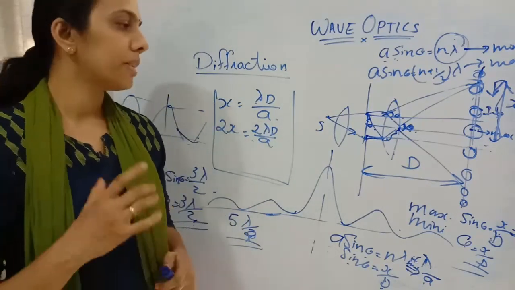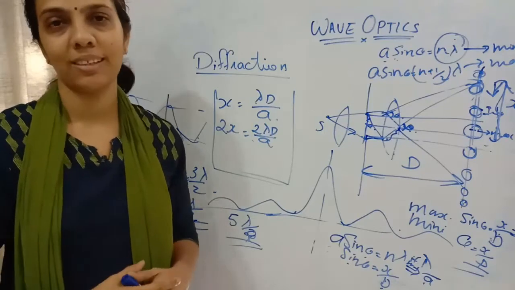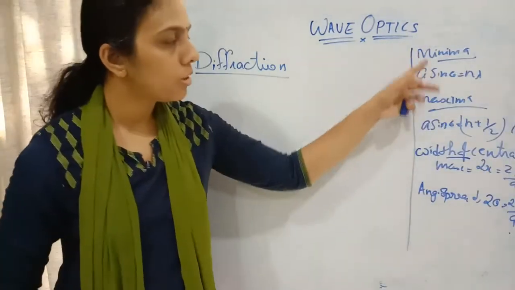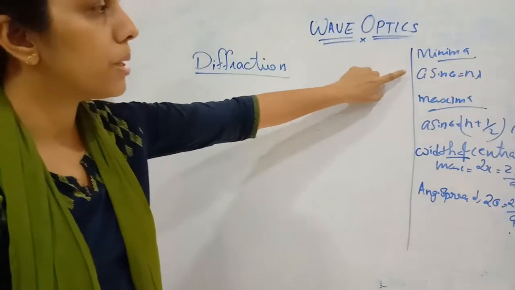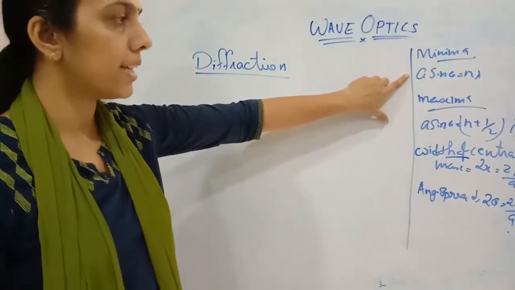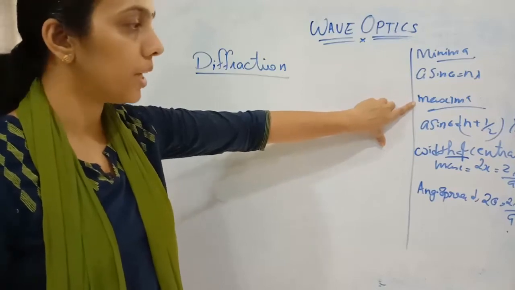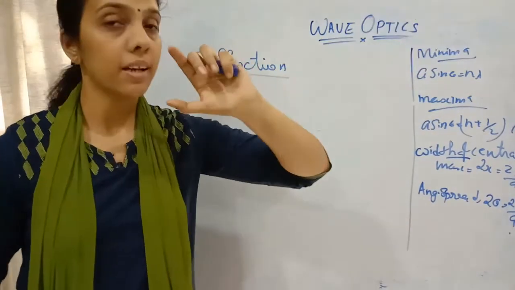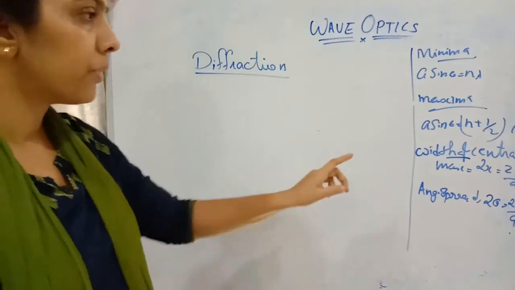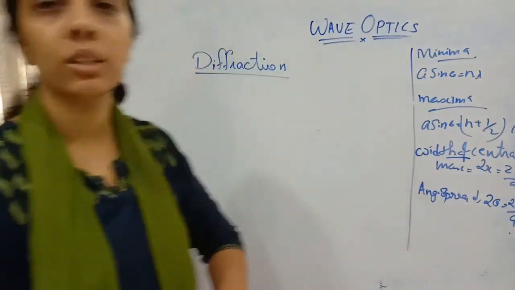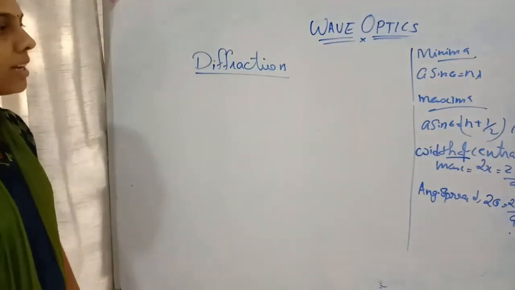Clear? So we will now do some numericals based on this. Here I have written all the formulas. The minima position is a sin theta equals n lambda. The maxima position is a sin theta equals n plus half into lambda, where n equals 1, 2, 3 etc. The width of the central maxima is 2x.